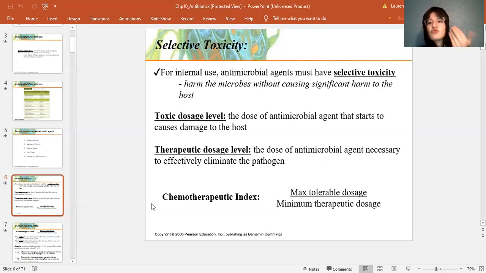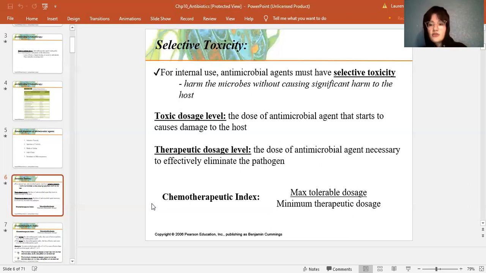But what usually does the trick is the 4 or 8 seeds that come in a normal apple, right? Those don't hurt us and they do the trick. They're in a normal serving, right? So our therapeutic bottom number is going to be, let's say for the sake of ease, 8. But we have a toxic dosage level of 8 pounds, so that could be, I'm going to say, 800. So if we take 800 and divide it by 8, we're left with 100, right? So the chemotherapeutic index would be 100 for that one.